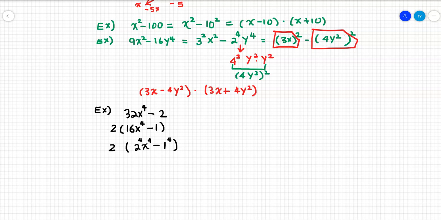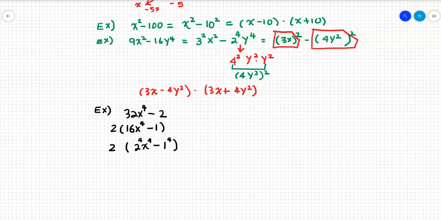Now, what we can do here is see if we can somehow use the difference of a square to apply to this. So instead of using 2, we want to make this square.